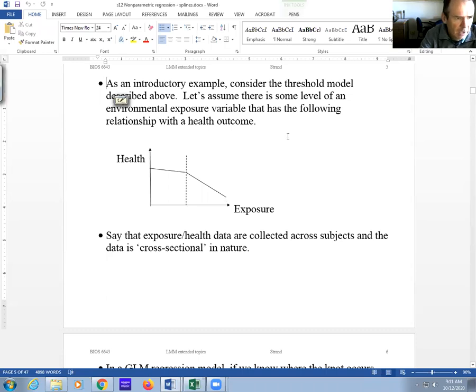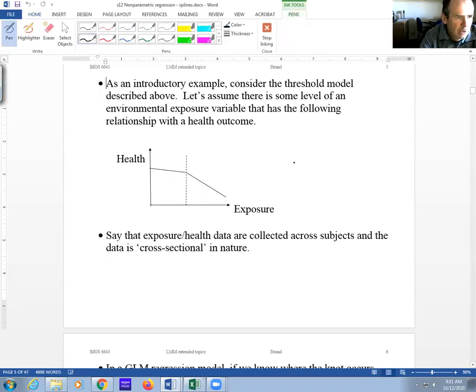Or it could be something like this where it's flat. That's not flat, but you know what I'm trying to do there. Just imagine that as a flat function, and then after that point it drops off. So it could be like this one over here with just a little bit of a drop, but maybe there's no dose-response relationship, and at a certain point, then there is one.